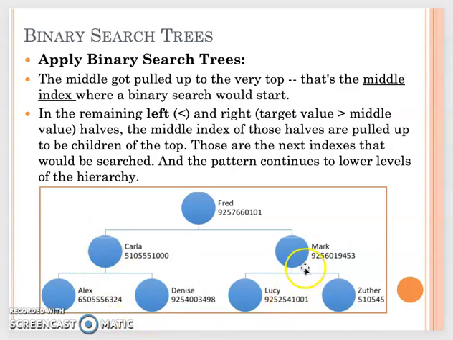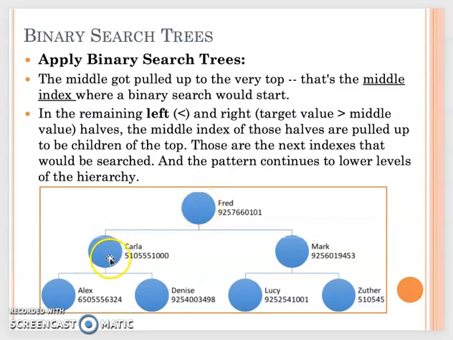You see, here the top of my tree is the middle value. Go to the left-hand side: all the values will be smaller than or equal to the top value. So you see Fred; Carla starts with C, smaller than Fred.